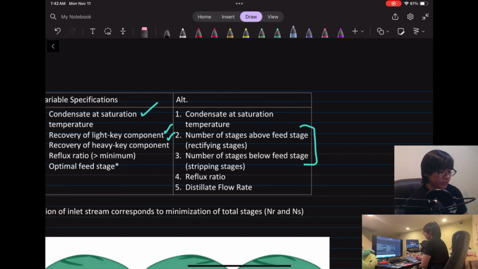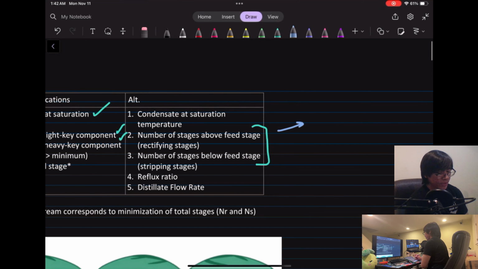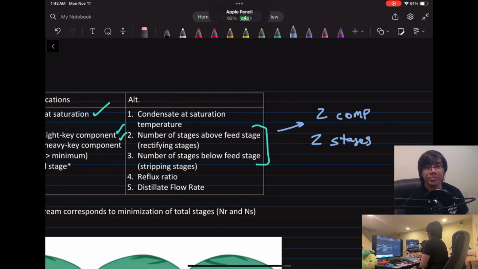I wanted to maybe specify 2 components at 2 stages. And it doesn't have to be at the distillate and bottoms. It could be any random stage, honestly. But let's say it was at our distillate and our bottoms, sure. Those were 2 different compositions.